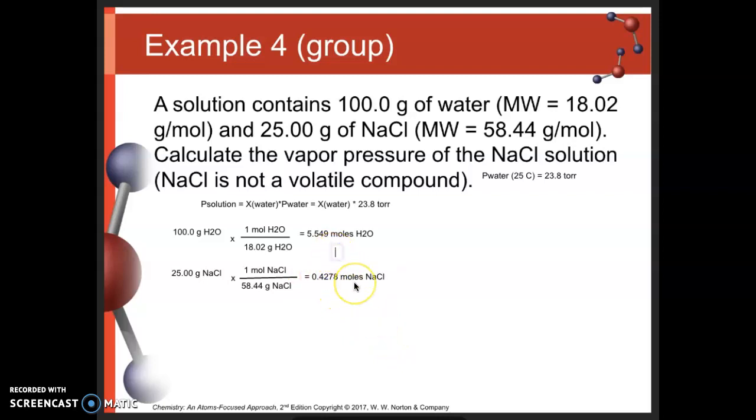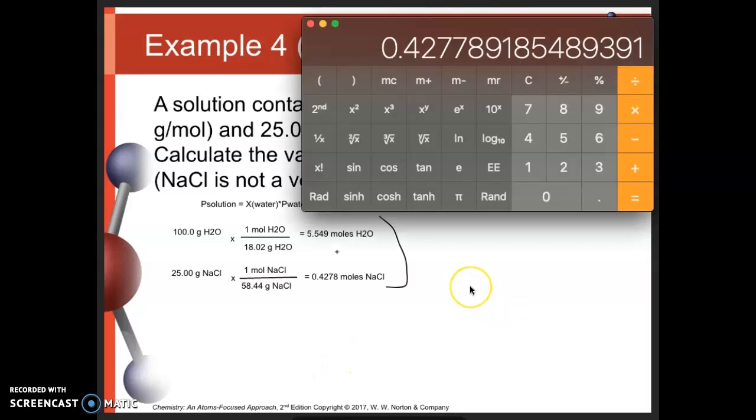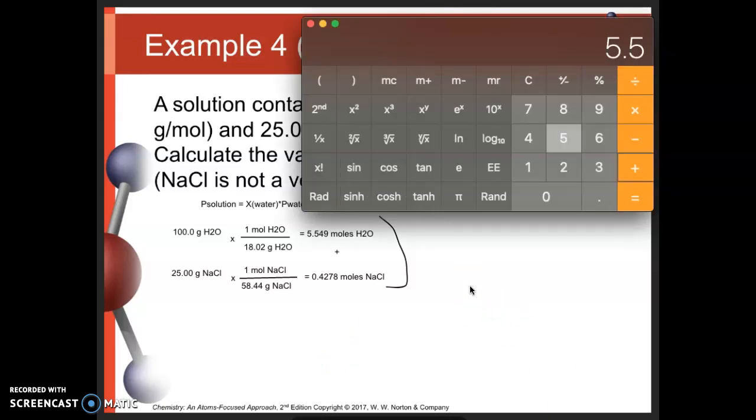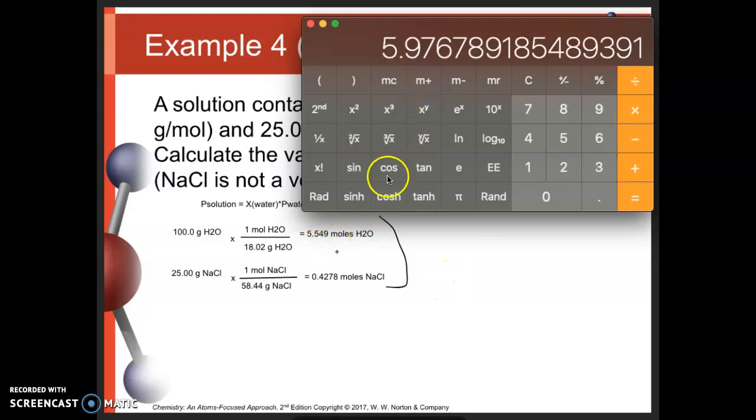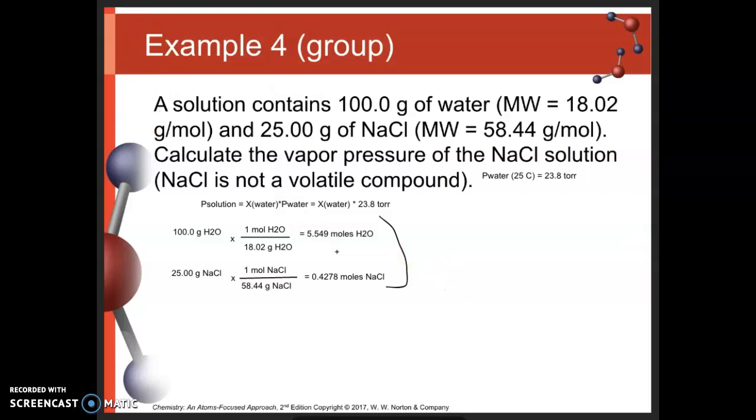If I add those two together, 5.549 plus 0.4278, to 3 decimal places, because we have 3 decimal places here and 4 there, we get 5.977 moles total.